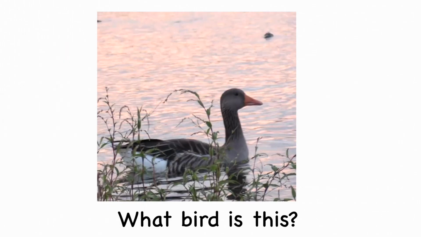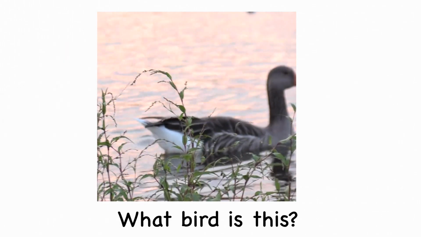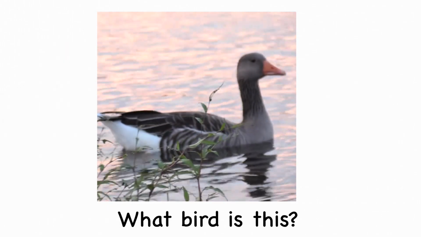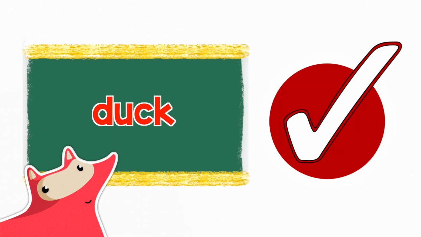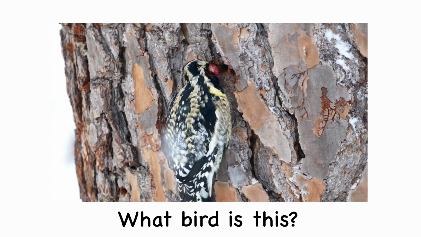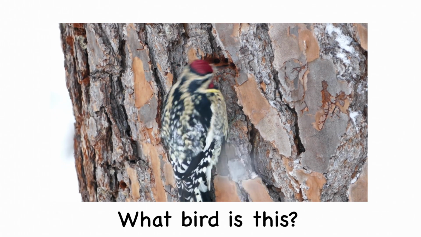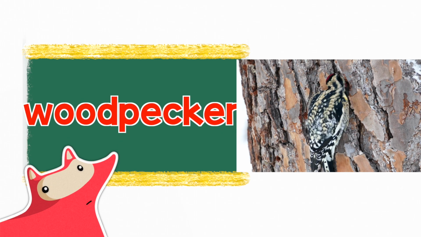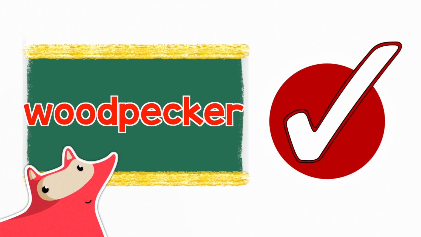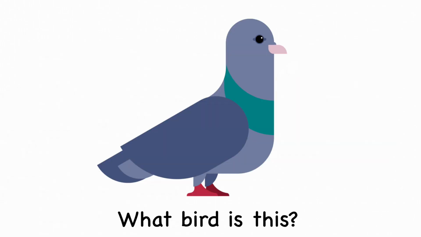Cha-ching! How about this one? What bird is this? Very good. It's a duck. Quack, quack. Next, what bird is this? Cha-ching! That is correct. It's a woodpecker. Next, what bird is this?